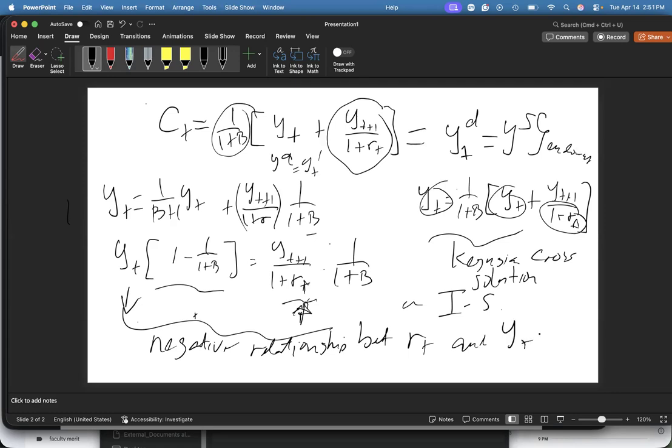Which is, what do you call this negative relationship? Combinations of rt and yt, wherein you have equilibrium in Keynesian cross. It's called the IS curve. Or if you wish, in this case, it's actually an IS line. Make sense? Any questions? Let me pause.